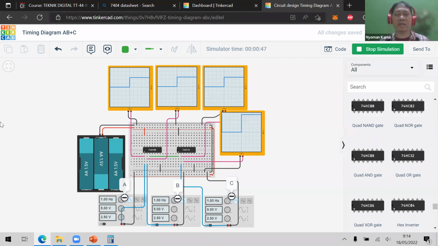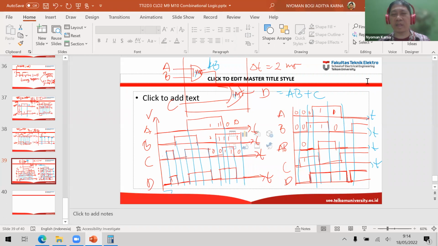And because of that delay, we need to make sure that the output is still the same as in theory. Just like our previous example, AB plus C, the output is so much different compared to the previous signal without the delay.